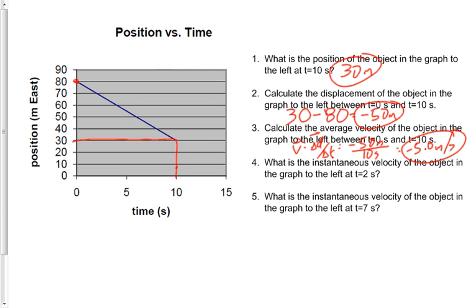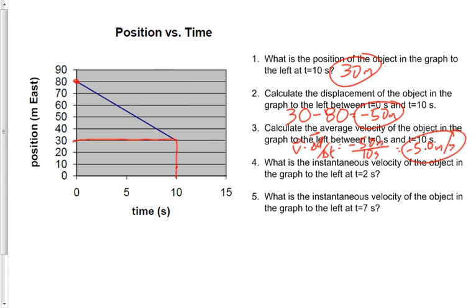The instantaneous velocity at 2 seconds. Hey, what do we know about the object undergoing the motion in this graph? Yep. Perfect. Between 0 and 10, its velocity will be the same. Perfect way to say it.